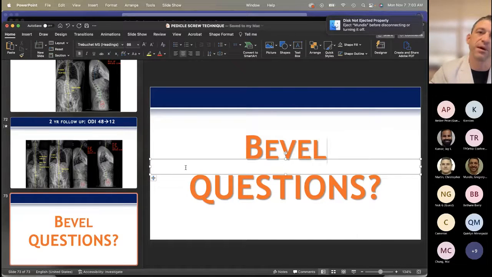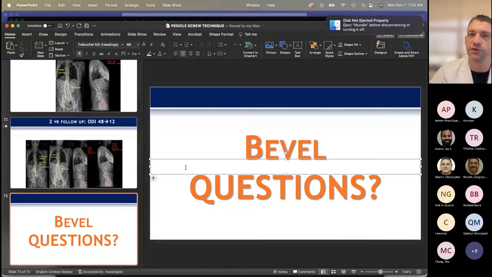You can actually take the bevel, turn the bevel lateral, and then all of a sudden the bias of the Jamshidi needle will be to go lateral, and so you can tap that for a while, and it'll literally change the trajectory of the Jamshidi. And then once you're ready to go medial again, you can flip it 180 again and go medial.